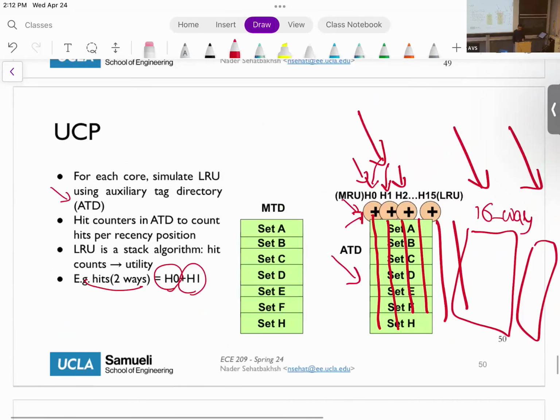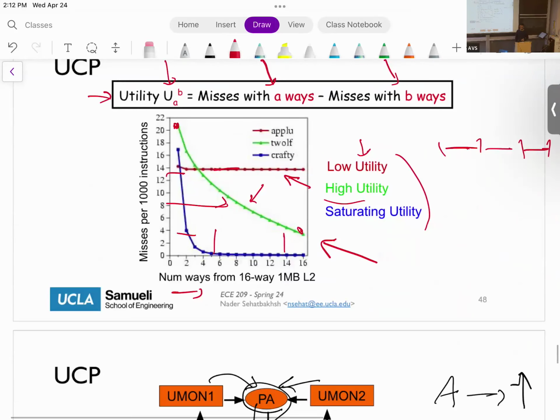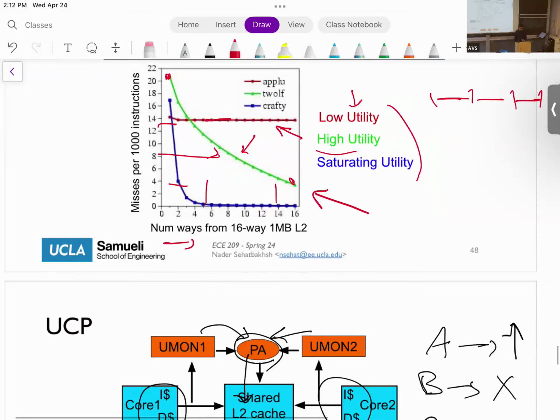Then you will see numbers for different ways. And this way you can plot something like this, right? So you can see the number of hits, or in other words, the miss rates. And then you can easily plot some figure like this. Essentially, you just need to monitor these counters, okay?